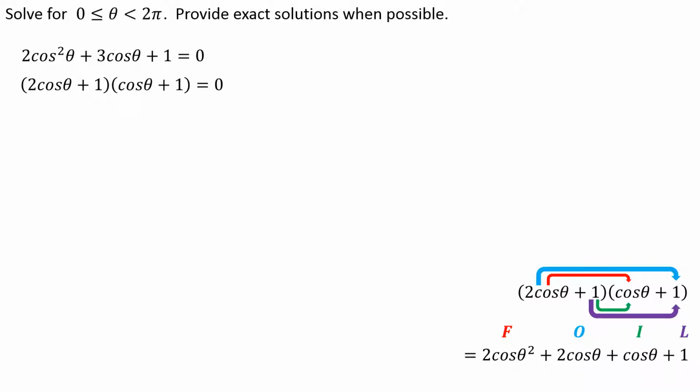So sure enough, I've got the 2 cosine squared theta. And now O and I combine to become 3 cosine theta. And then there's the plus 1. So sure enough, it matches.